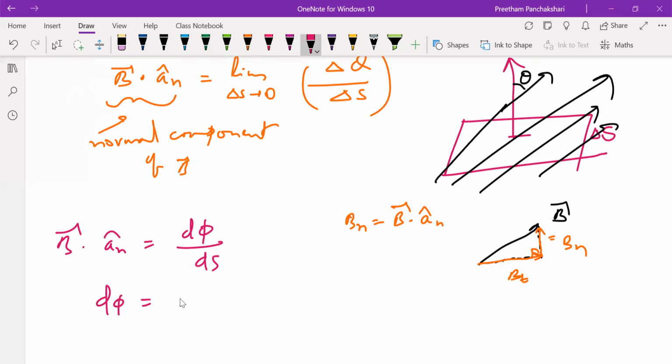B dot a_n is d phi by dS. Delta S is a small area. Delta S tends to 0 means delta S completely shrinks to a point of the smallest possible area, dS, the differential area. So after applying the limit, delta S becomes dS, and correspondingly delta phi also becomes d phi.